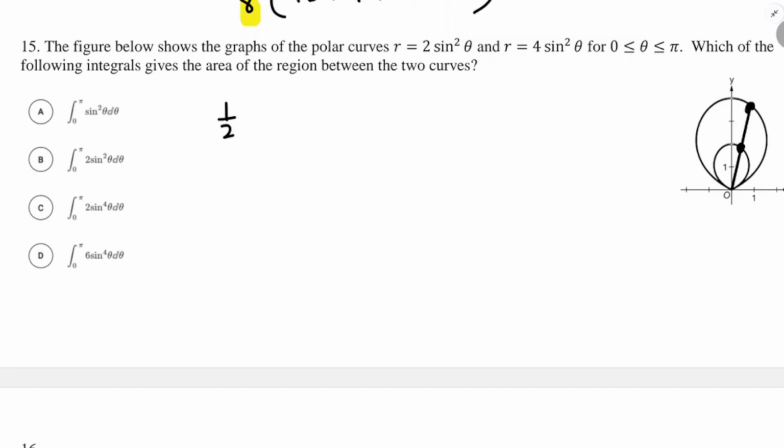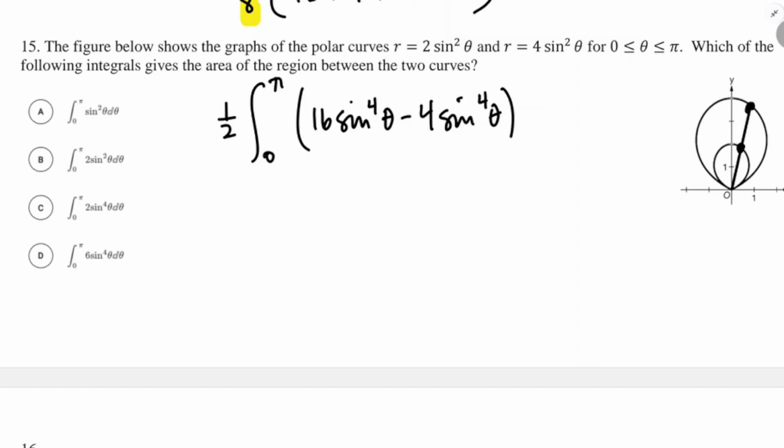So I'm going to have 1/2 of the integral from 0 to pi of, I can square 4 sine squared theta, that'll be 16 sine 4th theta, minus 2 sine squared theta squared, which would be 4 sine 4th theta. So that's going to be 12 divided by 2 is 6.